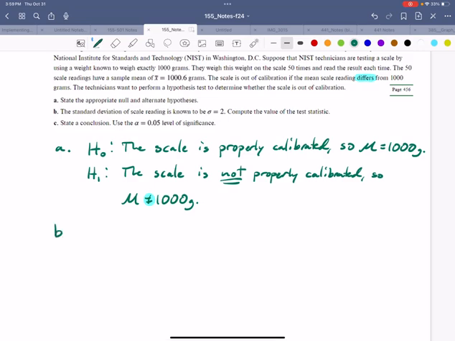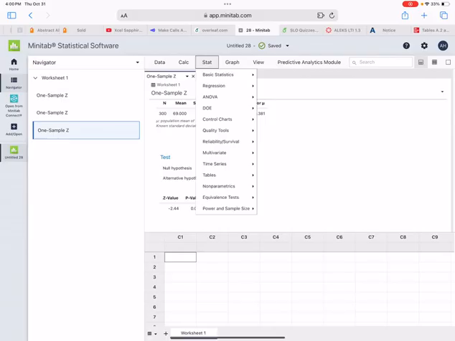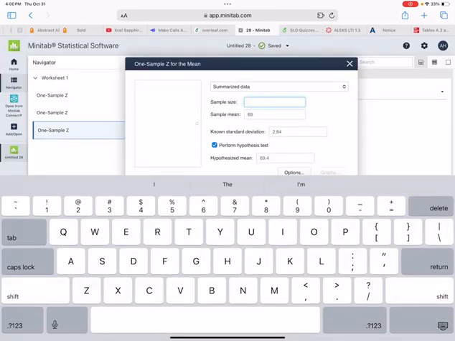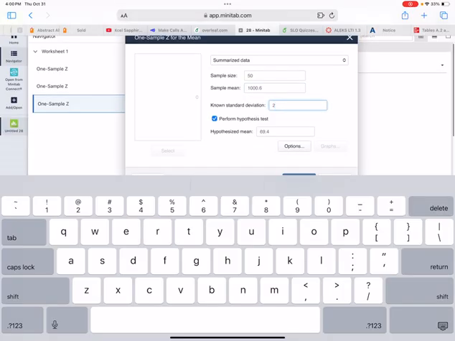So anyway, we know that sigma equals 2, right? Compute the value of the test statistic. So at this point, let's just use Minitab. It's a little quicker. Stat, basic stats, sample Z. Sample size. Now, what would the sample size be here? It's going to be 50, because we weighed the weight 50 times. The sample mean was 1,000.6. The known standard deviation is a nice and even 2. Beautiful.